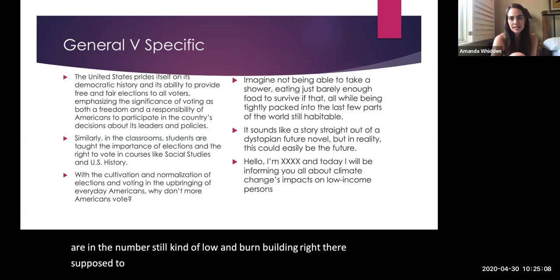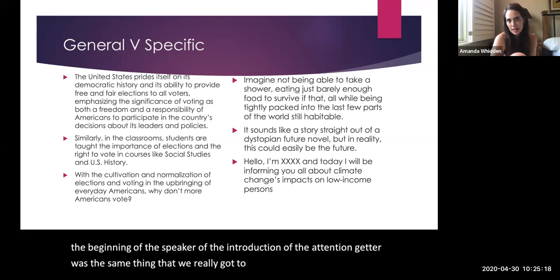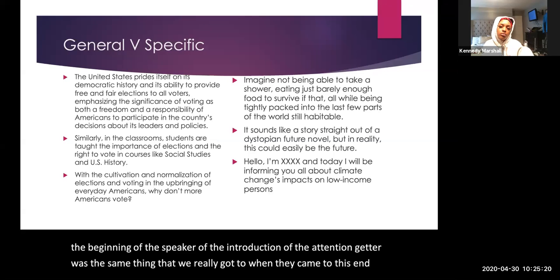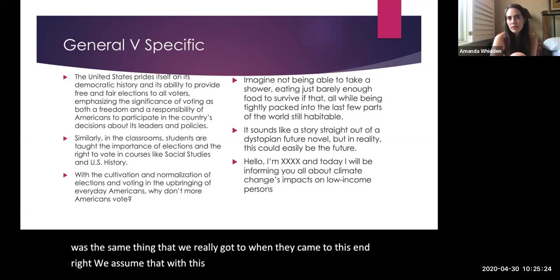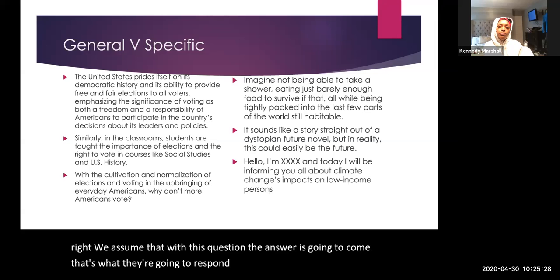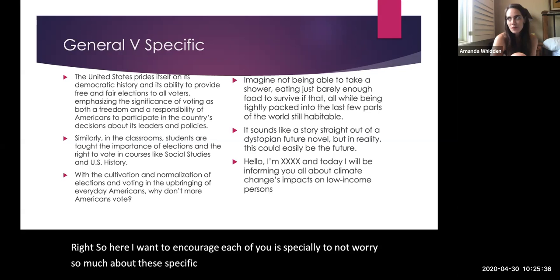Absolutely. Fantastic. So really the same idea you had at the beginning of the introduction, the attention getter, was the same thing we got to at the end, right? We assume that with this question, the answer is going to come. Here, I want to encourage each of you not to worry so much about these specific types of attention getters.